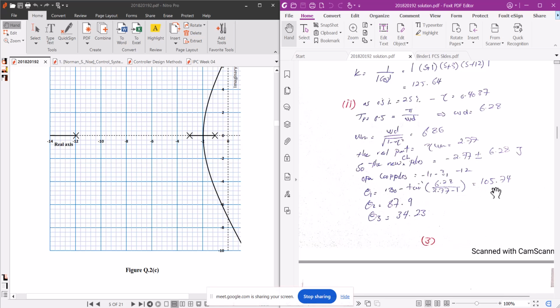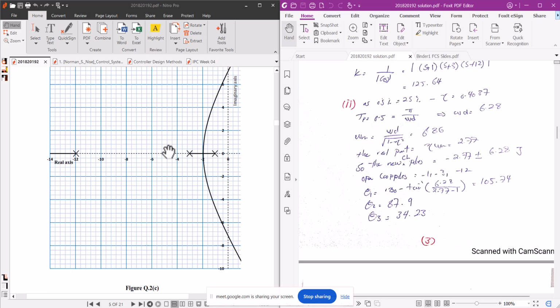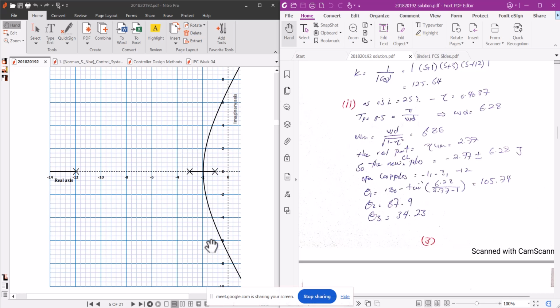So you will get three angles, one for each open loop pole, theta 1, theta 2 and theta 3, for the new dominant pole through which you want your root locus to pass. Currently your root locus does not pass through these points. So to pass your root locus through the new points and get the desired response, you have to design a controller, which you are doing now.